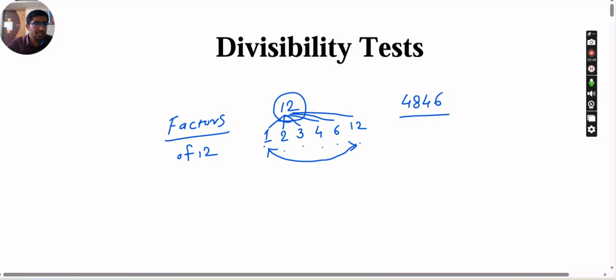Remember that if you want to learn mathematics in a proper way, you need to learn the basics first. The things we learned today are the basic things in arithmetic, that is, the divisibility tests.